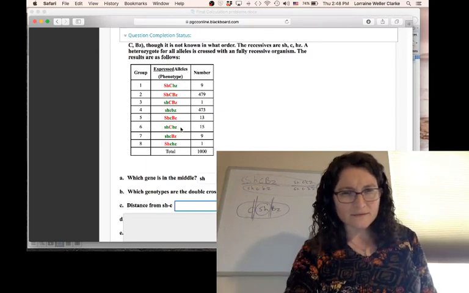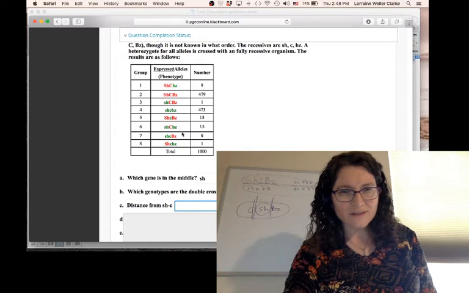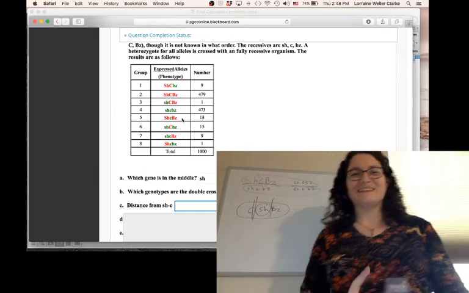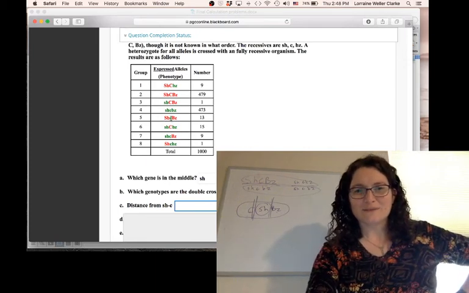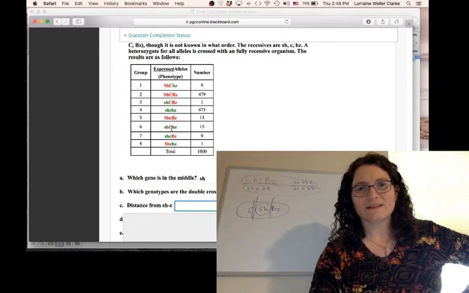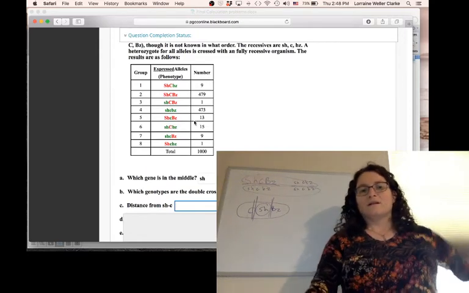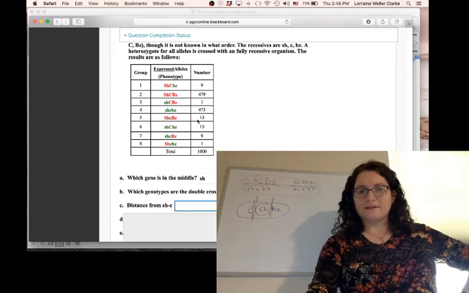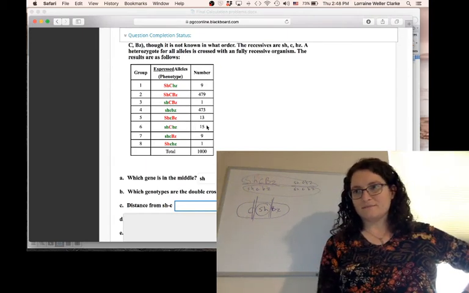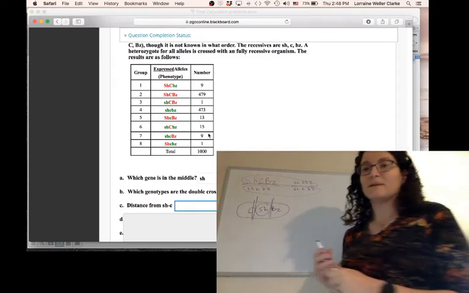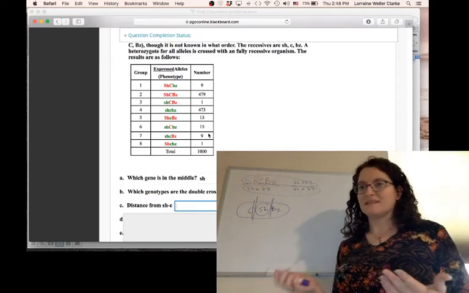Wait, hold on. Not 1. It's going to be 6 and 5. There we go. See? 2 dominants, 1 recessive. 1 dominant, 2 recessives, and the C has moved. This is that distance: 13 plus 15 plus the double crossovers, plus 2. So that is 13 plus 15 plus 2. That's 30.